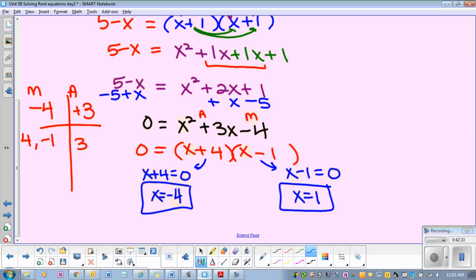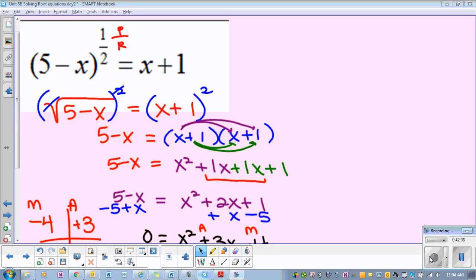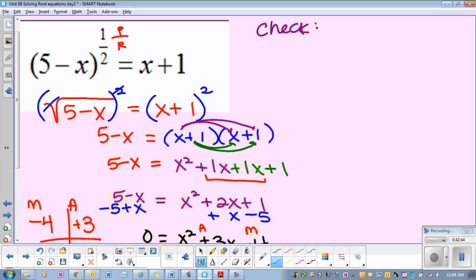Okay, let's check. Here's the thing, guys, when you go to check, this looks a little bit different. Go look at your original problem, right? Your original problem has on the left side 5 minus x to the 1/2 power equals x plus 1.